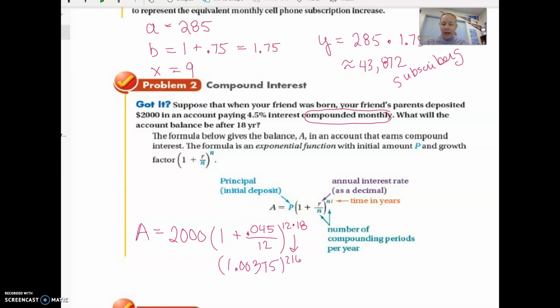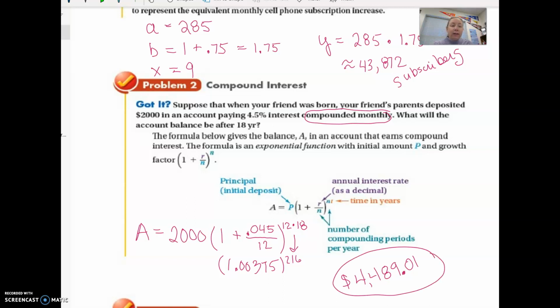I can type that all in at once, and I get approximately $4,489.01. So that means after 18 years, the balance in that account would have more than doubled. So imagine if they would have put more money into that account initially. It would really grow quickly.